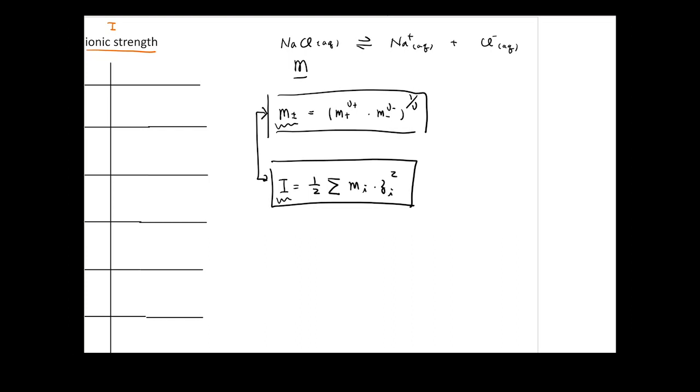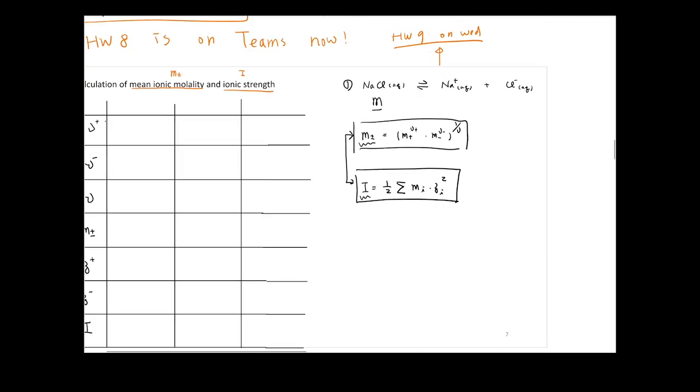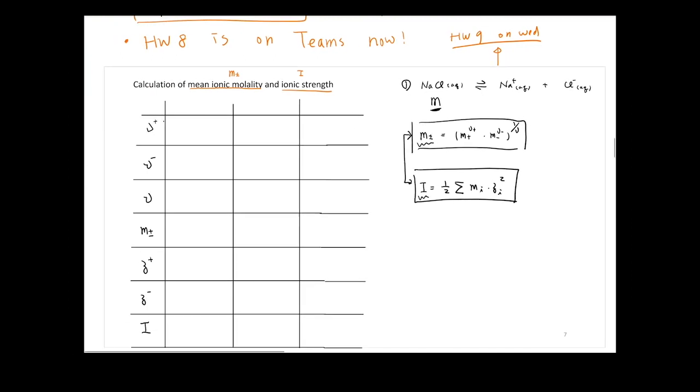With that being said, let's look at our first example. Sodium chloride gives you Na+ and Cl−, with the initial concentration of your sodium chloride being m. Looking at condition number 1, your ν+ is 1, your ν− is also 1, and your ν, the sum of ν+ and ν−, is therefore 2. So what is your m±?